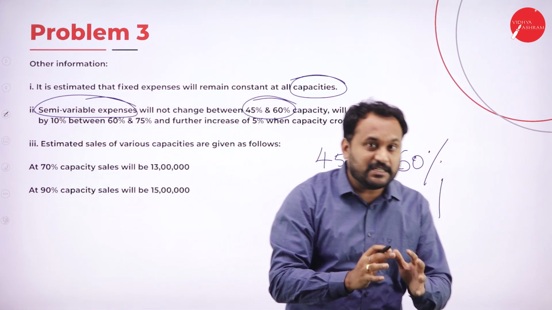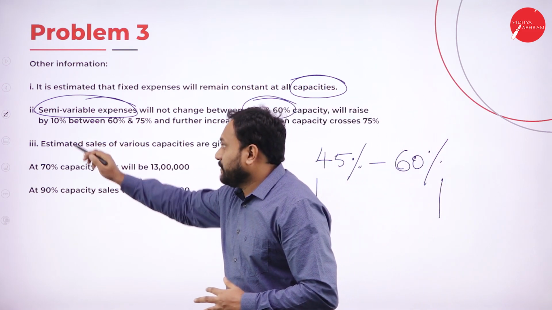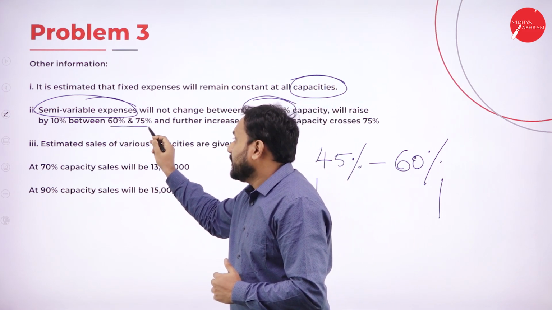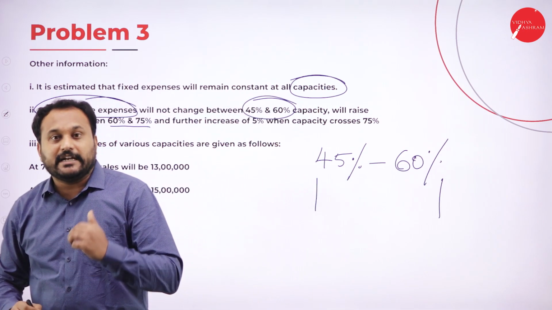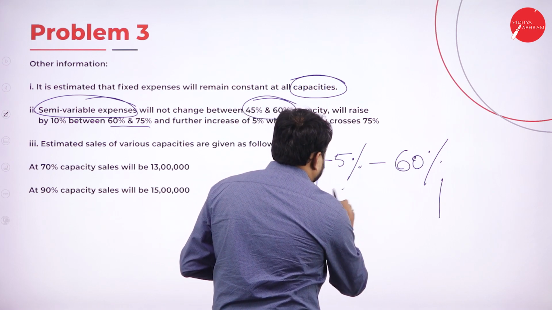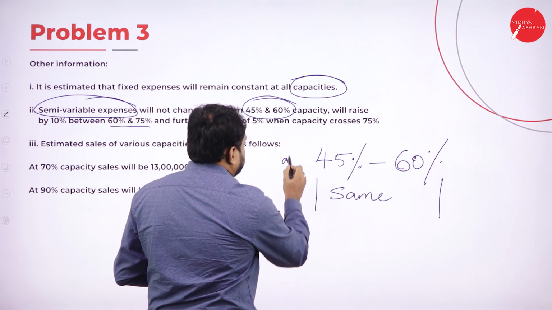That means it remains constant. Will rise by 10% between 60% and 75%. That means they are only telling that semi-variable cost will increase by 10% when it comes. See here, 45 to 60, it is same. You should not change. This is the first one, A.